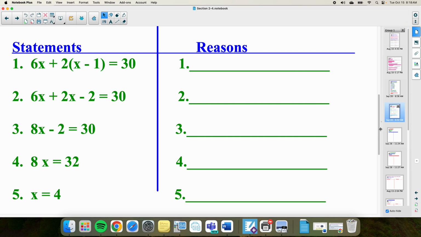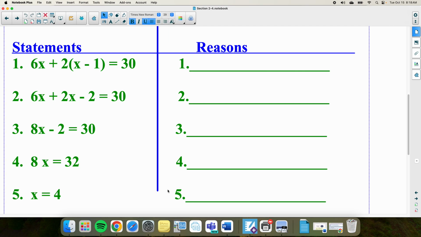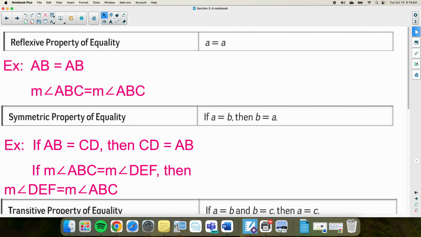Another type of proof your book will ask you to do is a paragraph proof, where instead of showing it in 2 columns, they would want you to write a paragraph explaining how you solved that, okay? So I would rather you get good at doing one type of proof than learning 3 different types and being okay at 3 rather than good at 1.